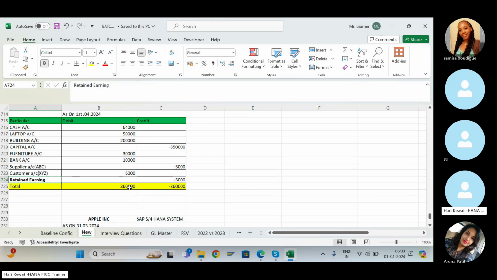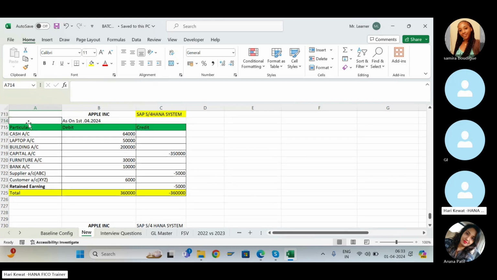If it is profit, it will be in the minus; if it is loss, it will be in the positive sign. So this is how, if you go and check the trial balance in the next fiscal year, on the 1st of April 2024, this is the trial balance you will find.